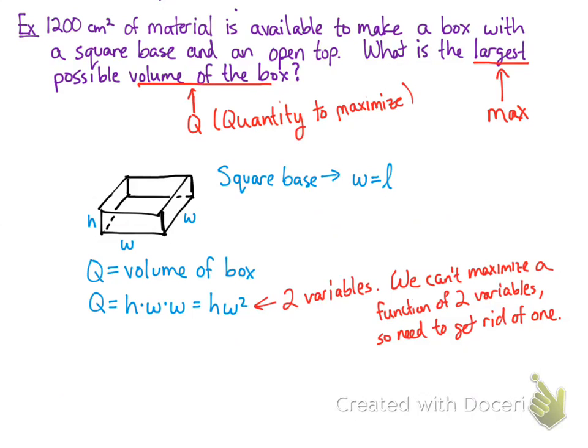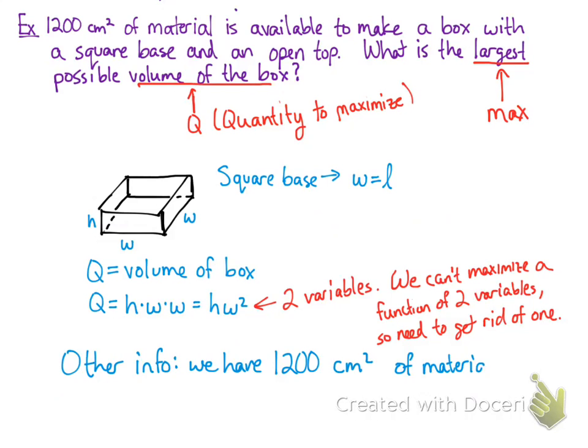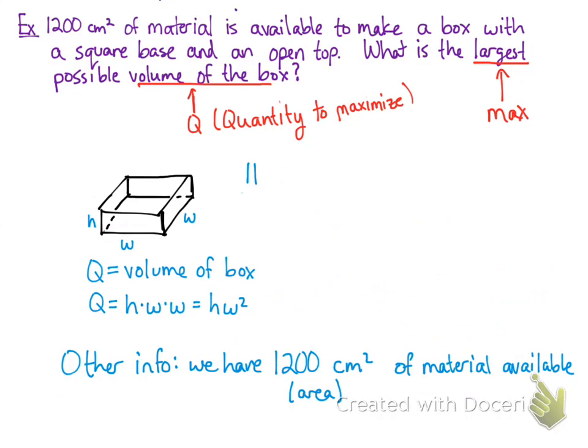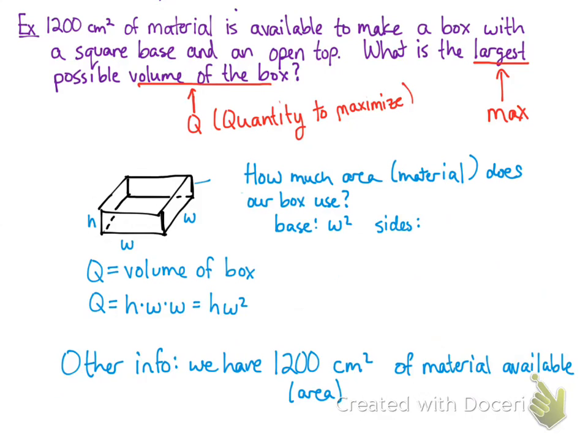In this case, we haven't yet dealt with the fact that we have a limited amount of material. The other information in the problem is we have 1,200 square centimeters of material available. That's an area, so our other information comes in the form of an area. Well, how much area, or how much of the material, is going to be used in our box when we make this thing? Well, the base uses W squared area, and each side is an H by W rectangle, so the sides' areas are each HW, and there are 4 of them.